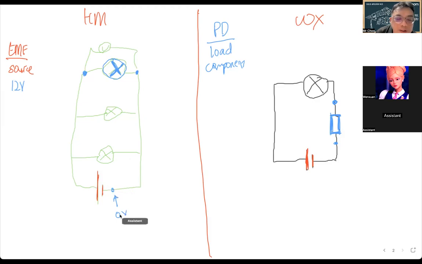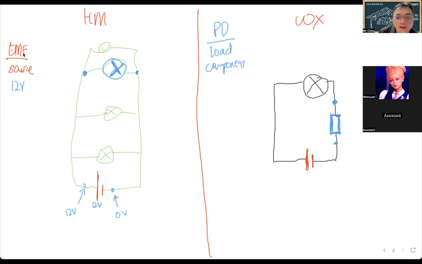So this point here will be 12 volt. So what the battery does is to increase the potential by this value of 12 volt. So this 12 volt is your EMF.